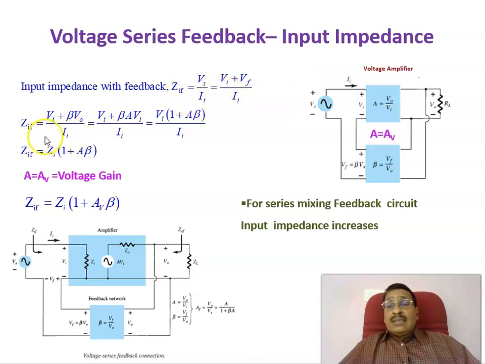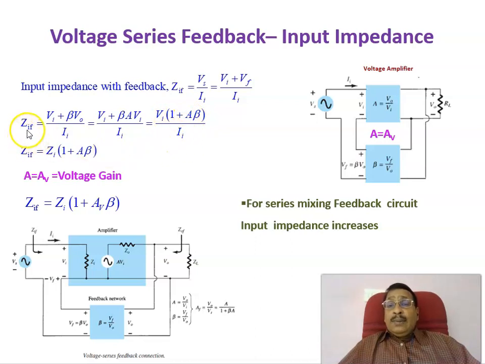Now Vf is the feedback voltage, which is equal to the output voltage times the feedback factor, beta times V0. We substitute for beta times V0, which is nothing but Vi into A, so it is beta times A times Vi. We get Vi into 1 plus A beta divided by Ii.